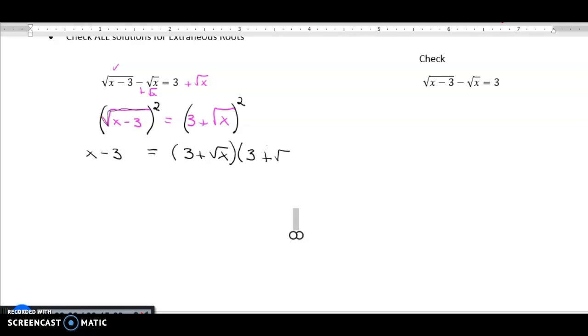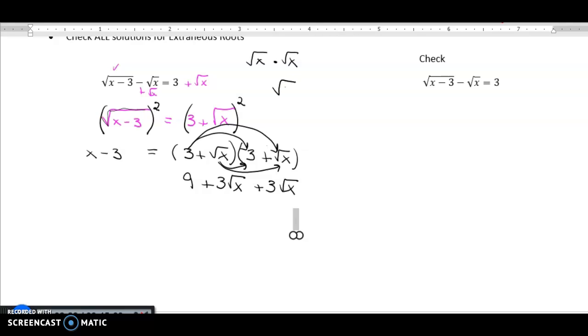Now this is a FOIL problem, so I'm going to take 3 times 3, 9, 3 times the square root of x, 3 square root of x, square root of x times 3, plus 3 square root of x, and the square root of x times itself. So when you take the square root of x times itself, that would be the same as saying the square root of x squared.